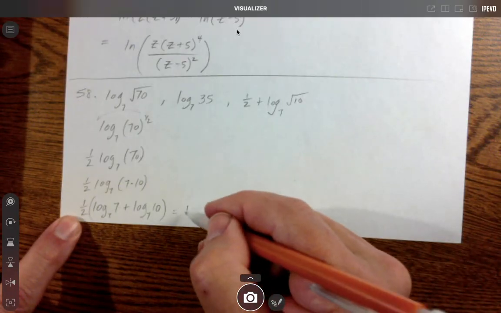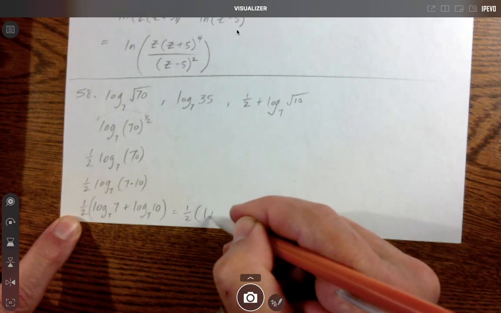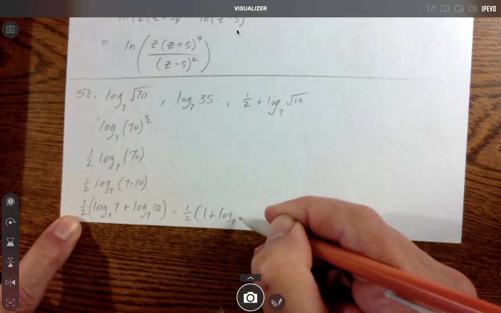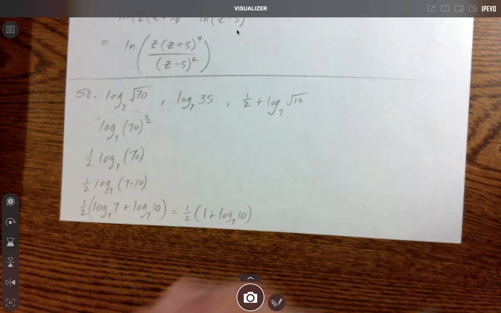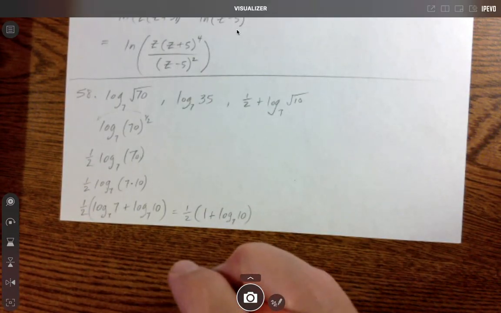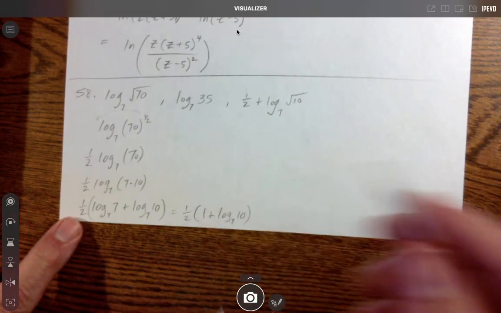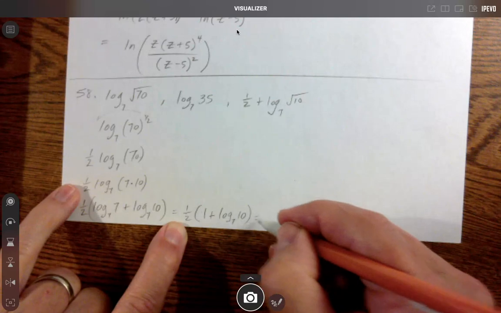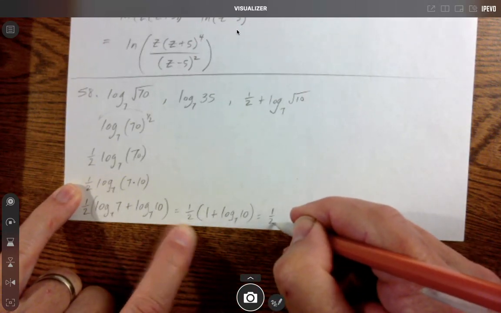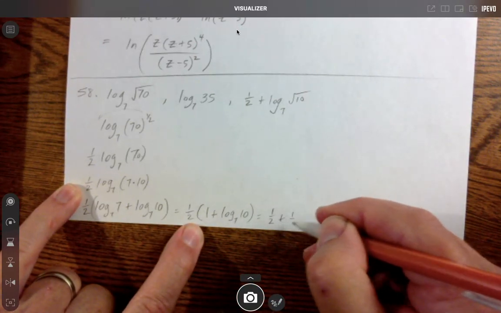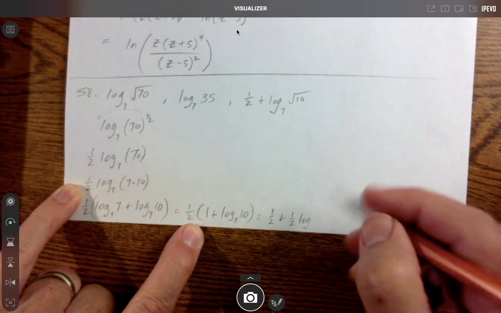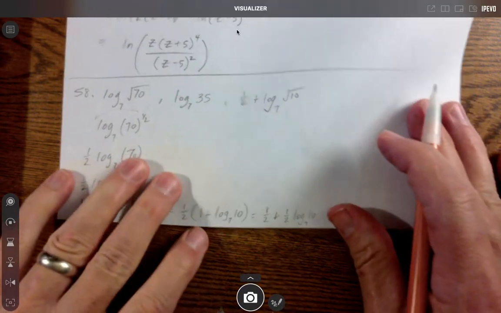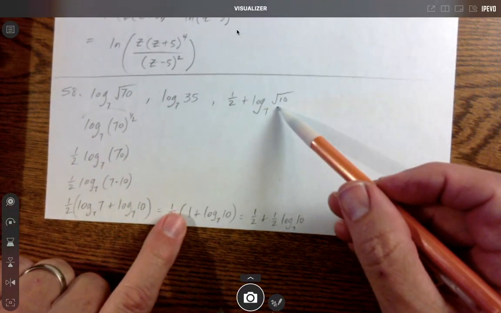So that's 1/2 times 1 plus log base 7 of 10. And then you can multiply that out. This could be expanded. So that becomes 1/2 plus 1/2 log base 7 of 10.